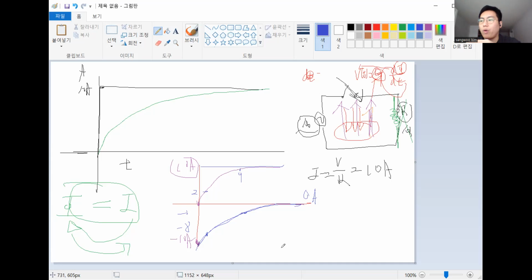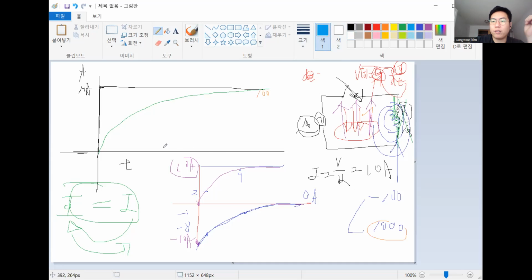That is what we learned today. And look at that. For example, here is the inductor. If I make two circuits, with 100 and 10,000, what's the difference in magnitude? If this graph is 100, what happens in the second graph?